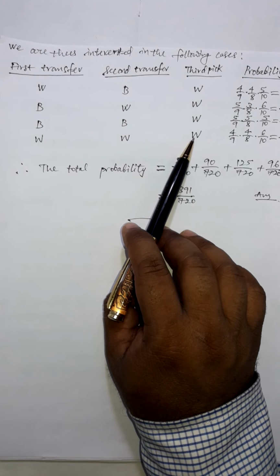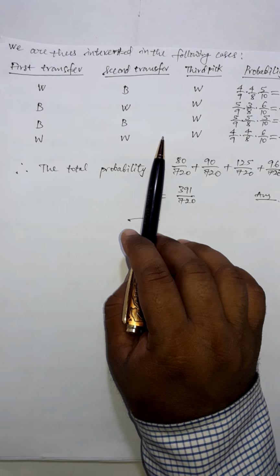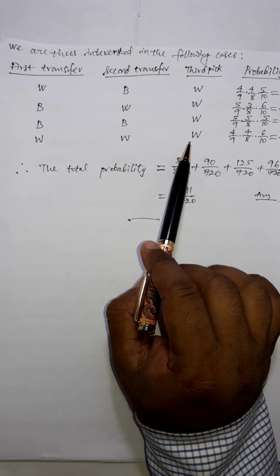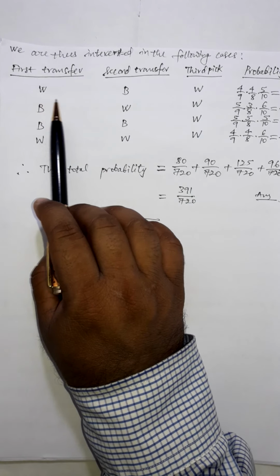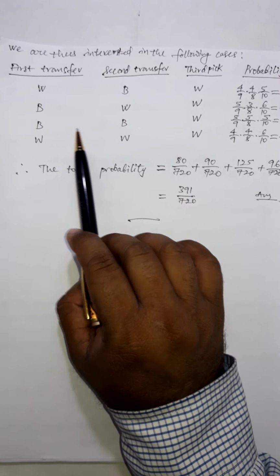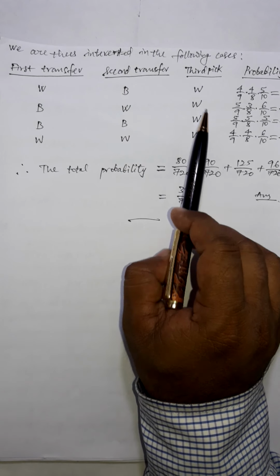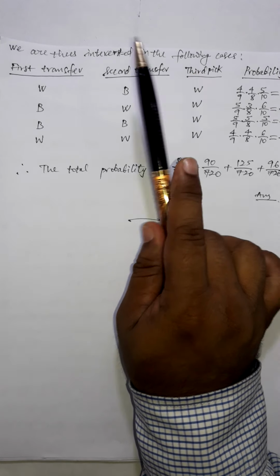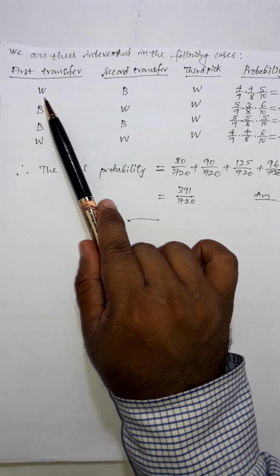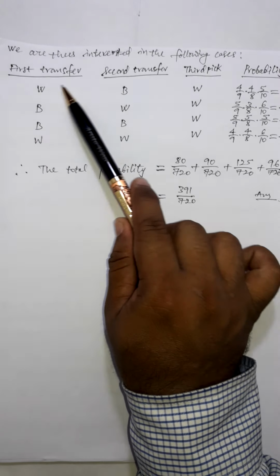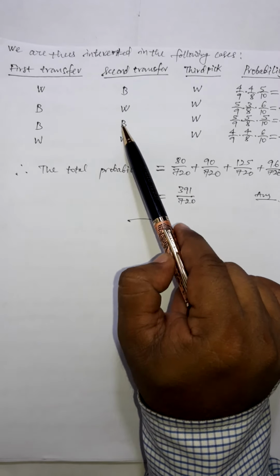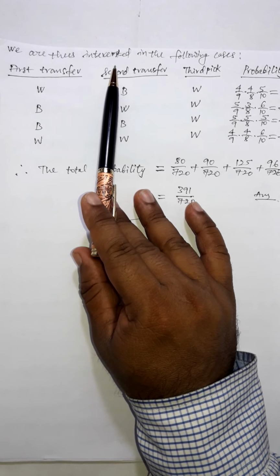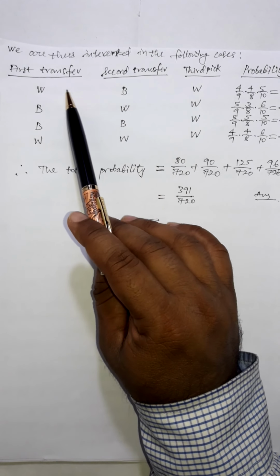So there will be many possible cases, but we have only chosen the cases where the third pick is a white ball, and the combination is WBW, BWW, BBW and WWW, where the last one is always W. So keeping this one as W, we can only change the first and second place by W and B, and we are getting 4 possible cases: WB, BW, BB and WW.